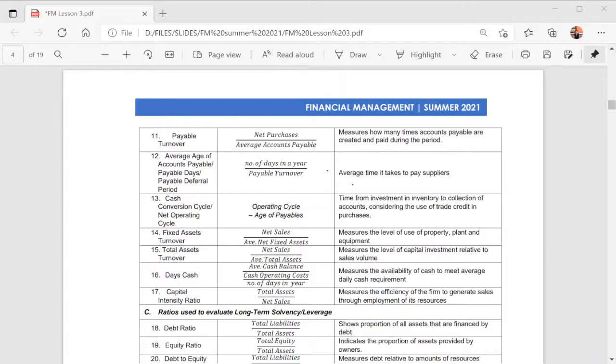But according to working capital management, if we're looking at the short period of time, kanang shorter nga period ang ato ang hunahunahon, not for the long term, it's preferable that your payable deferral will be longer, but longer not to the point that you're going to miss the deadline.